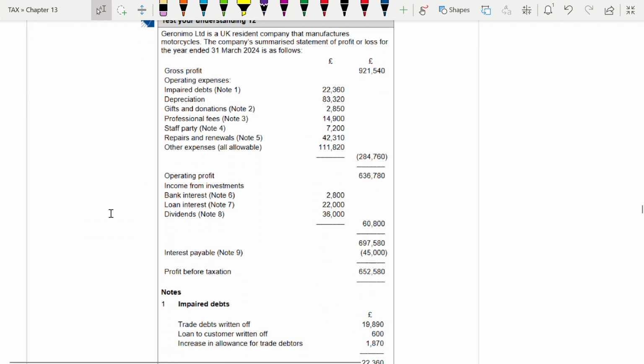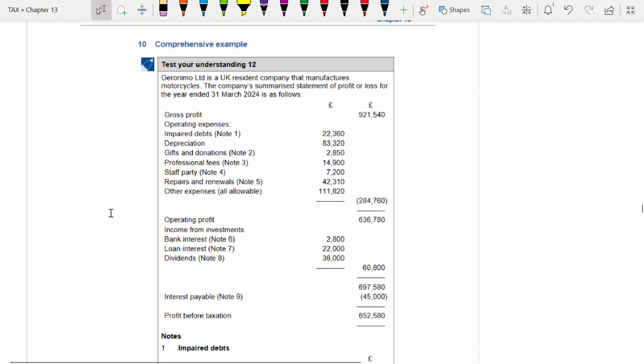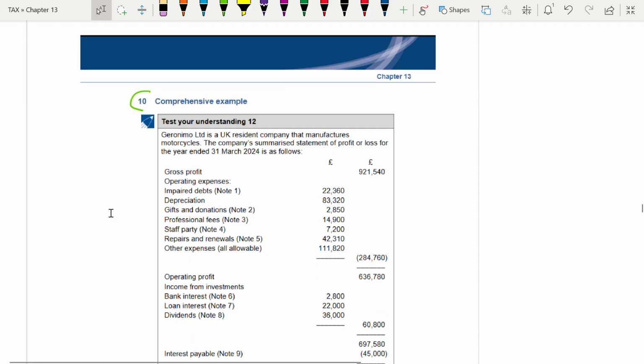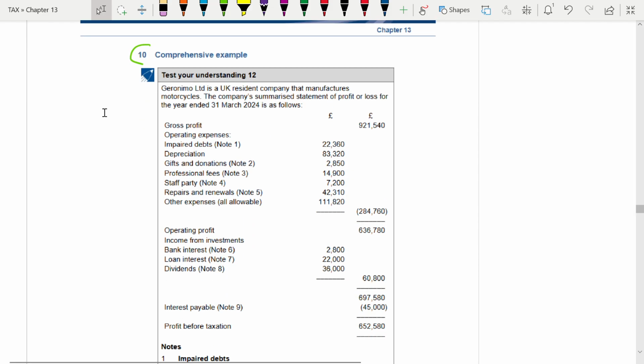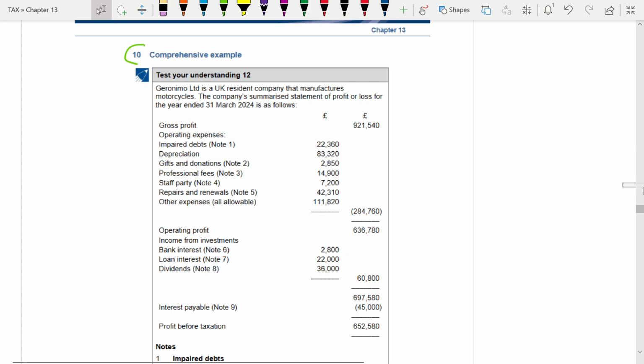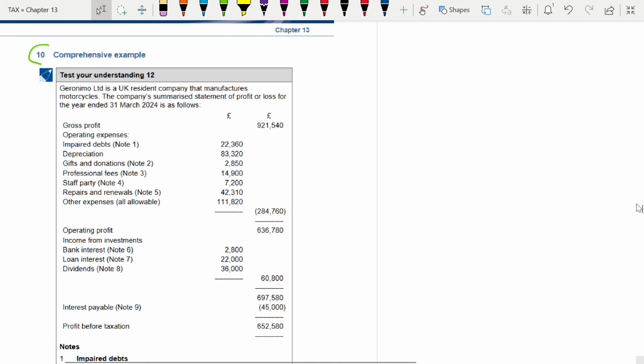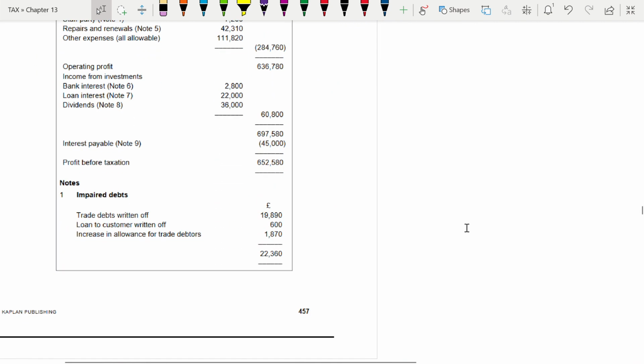Now, this is the comprehensive example. This is the way you will get something in the examination like this. Firstly, think about what they are asking us.